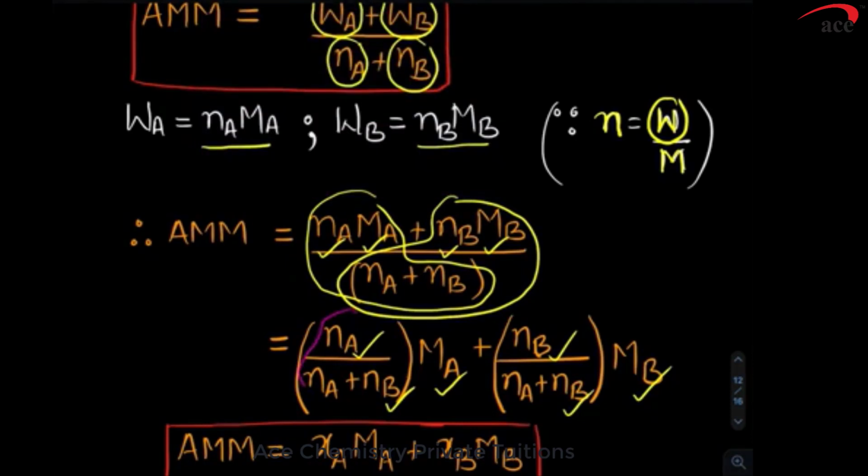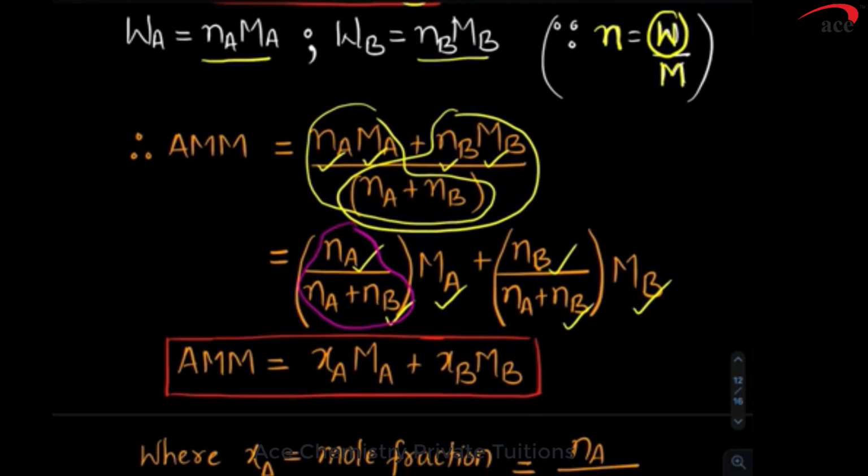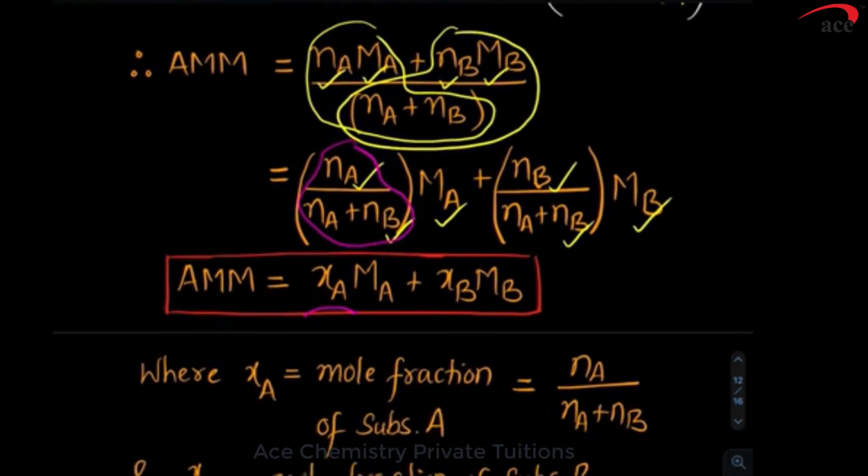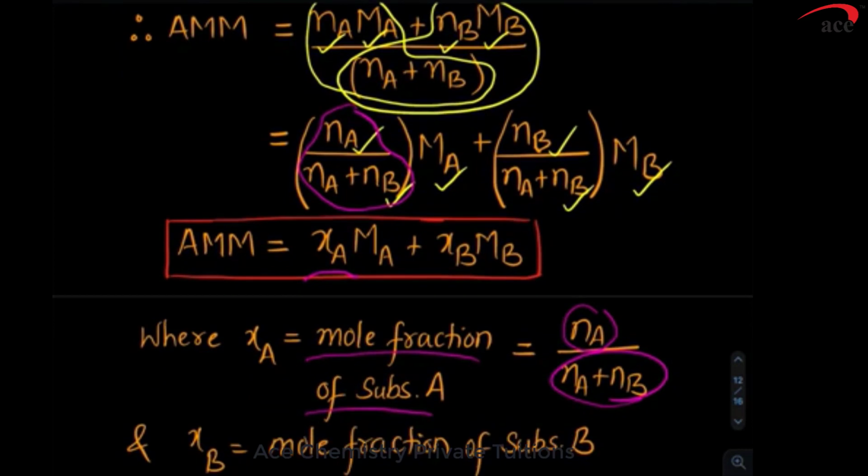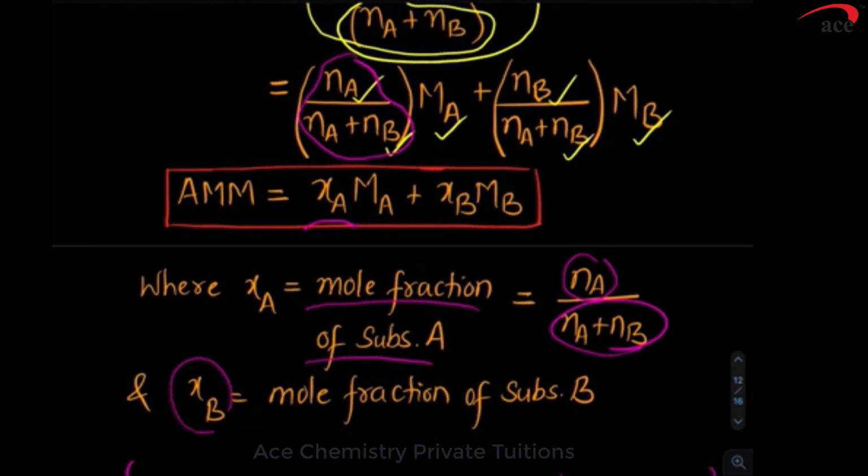Now, science says that moles of a substance divided by total moles can be called mole fraction. Mole fraction is moles of substance divided by total moles. Similarly, mole fraction of B will be moles of B divided by total moles.